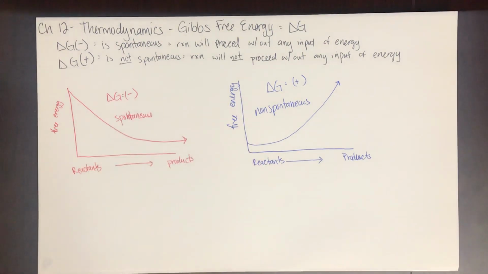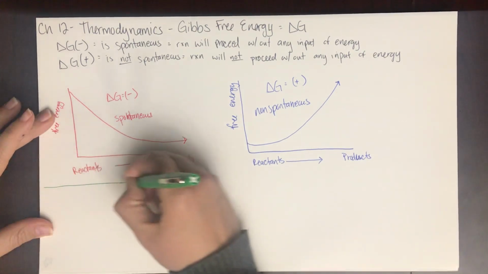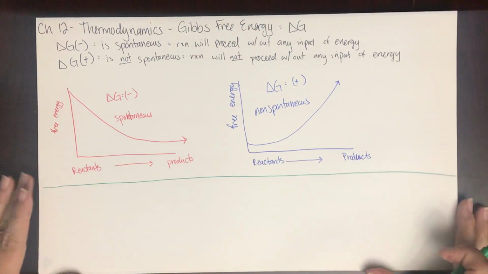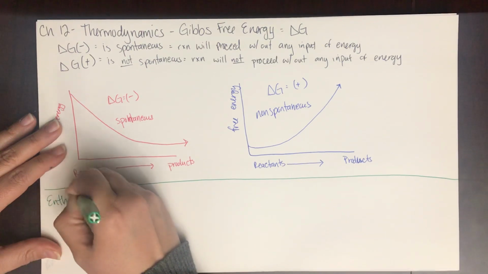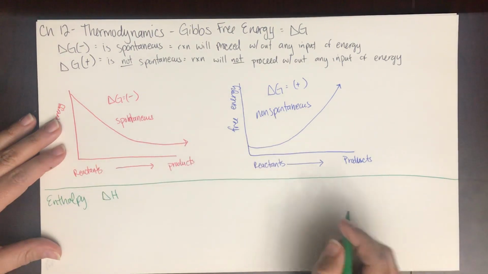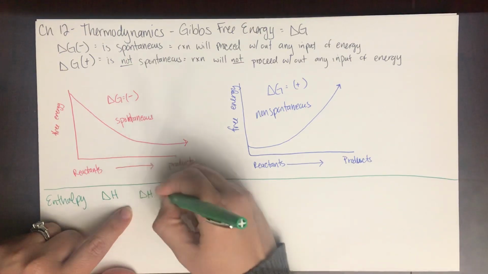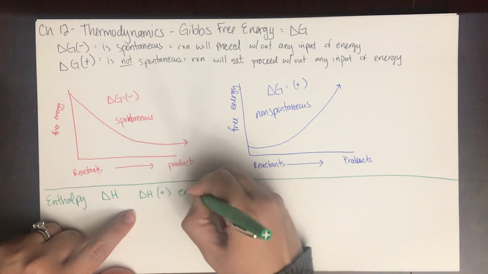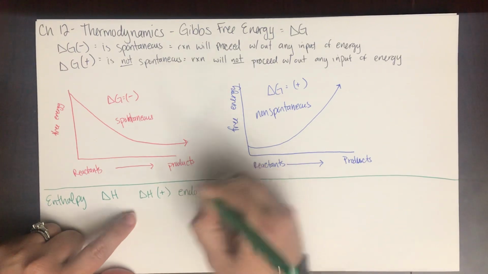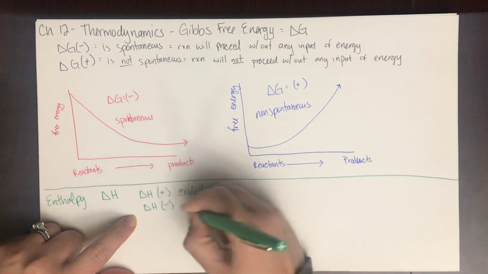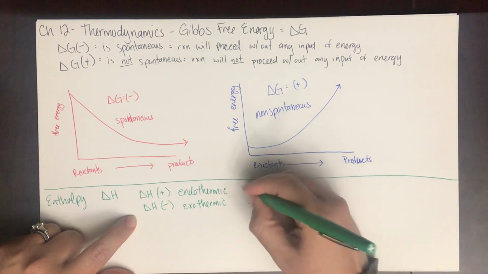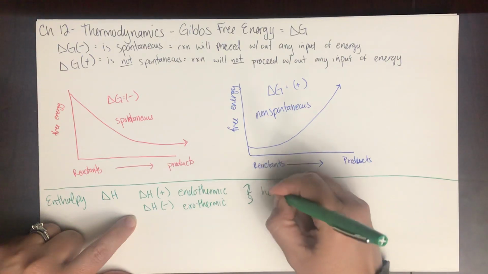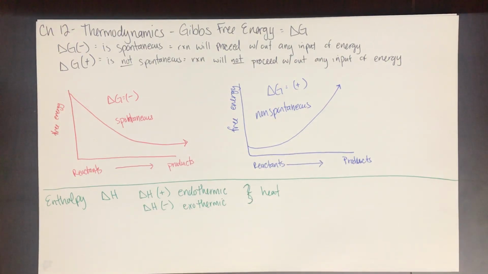Before we get too much into delta G, let's take a second and wrap up everything we know about these three different variables that we're talking about with thermodynamics. So we have enthalpy, which is delta H. Delta H can be positive, which means it's endothermic. Delta H can be negative, which means it's exothermic. And this has to do with heat of chemical reactions.